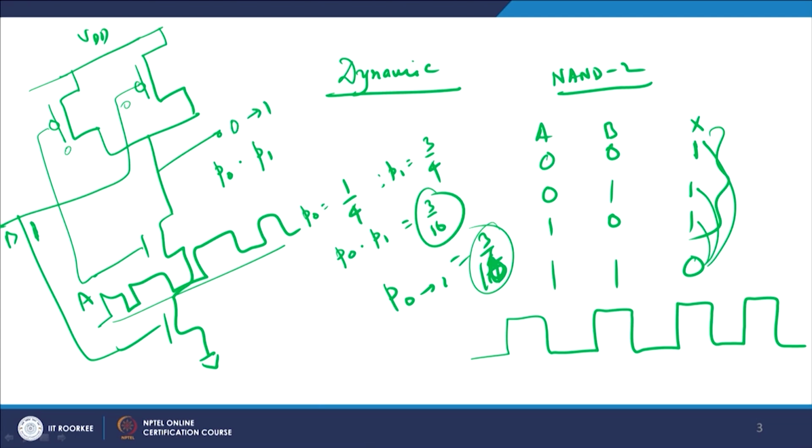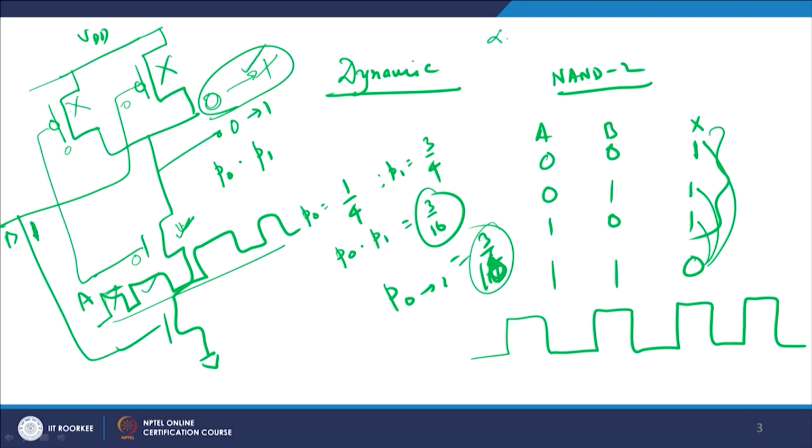If you have 1 here, it means that this is cut off, and if A is initially 0, this is on and the output will be 0. As A goes high, this cuts off and this switches on, and since this is already 1, the output goes from 0 to 1. So, with one clock cycle I get one 0 to 1 transition. Similarly, the next clock cycle I will get another 0 to 1, and so on.